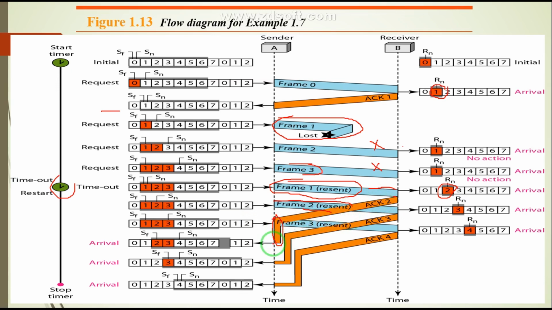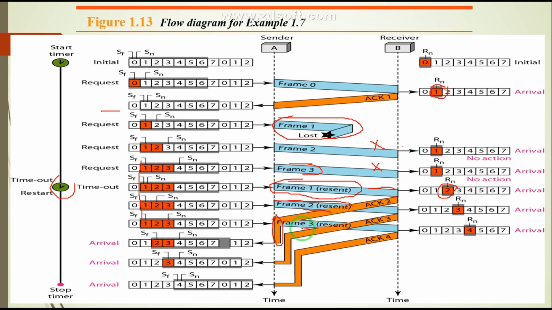When it reads this acknowledgement, then and only then does the window shift. Otherwise the position of the window was constant, because of this delay. Although it has received acknowledgement number 2, it was busy in sending frame number 3.